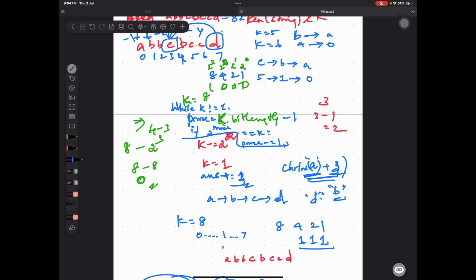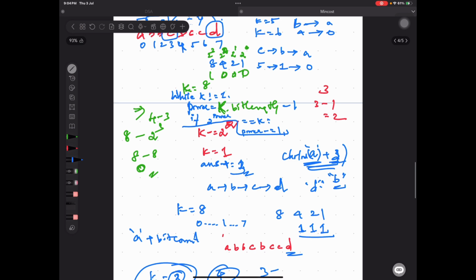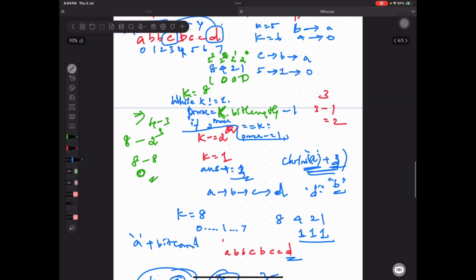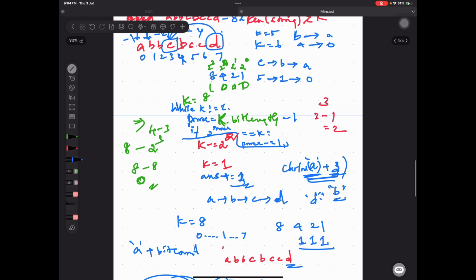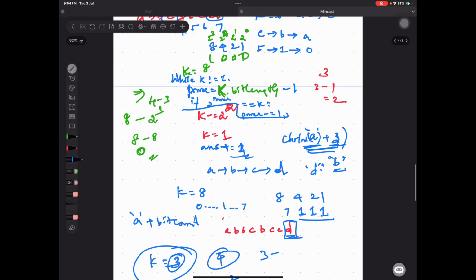So just A plus whatever your bit count is will be your resultant string. Because bit count, k equals 7 in this case, right? So 7 means you will be traversing minus 4, which is this bit.